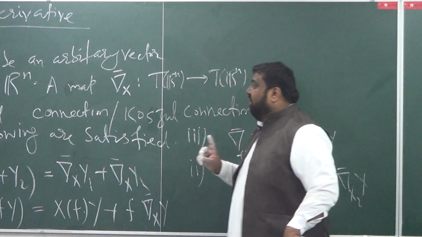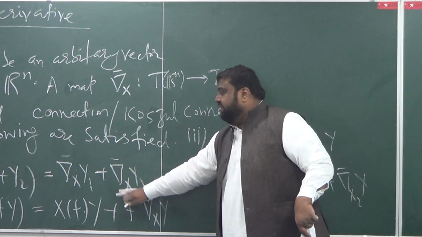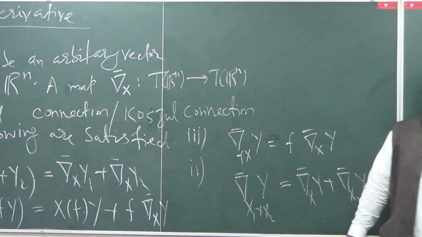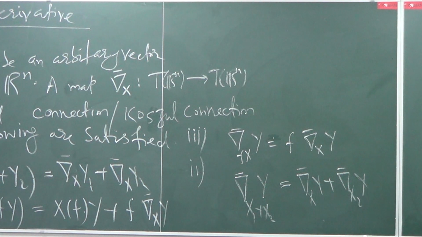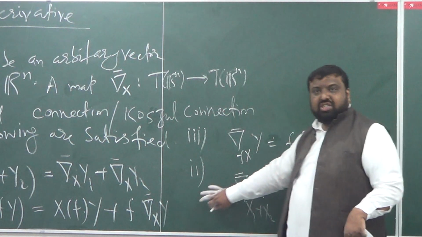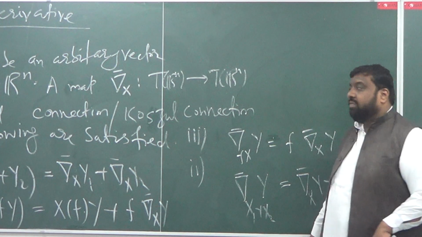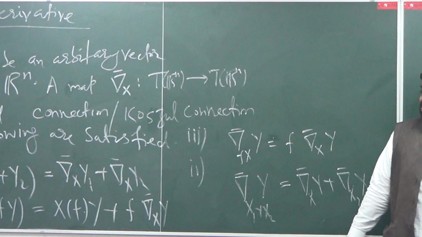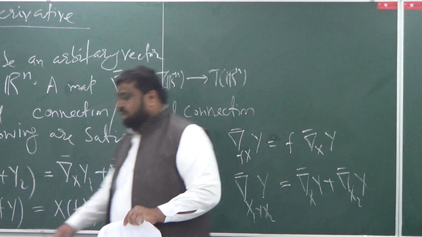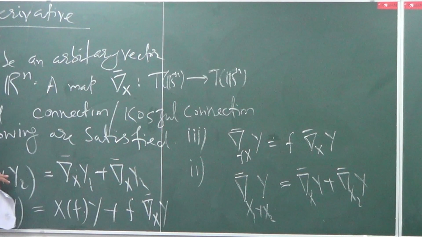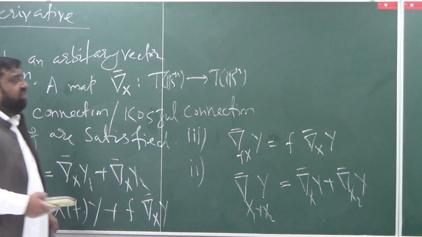You have to keep one thing in mind: any map which satisfies these four properties would be a connection. Any map. That's an abstract definition. If you have a map which satisfies these four conditions, it's a Koszul connection. What would be an example of this? My claim is that this is an excellent thing that generalizes the classical notion of directional derivative.